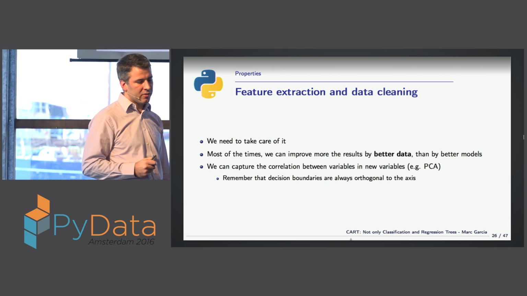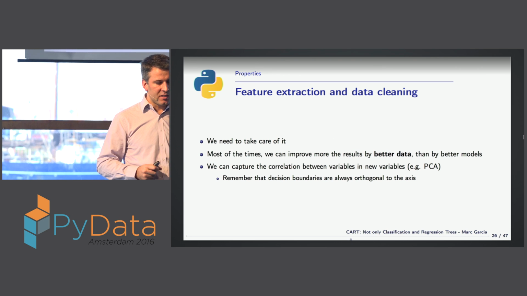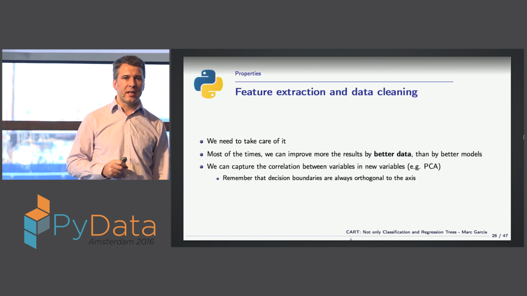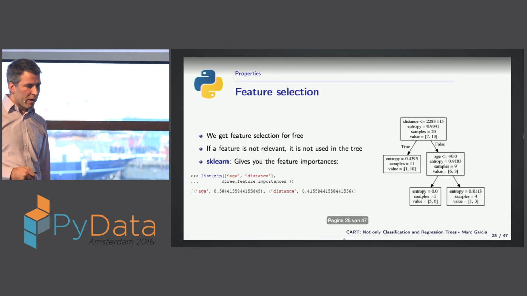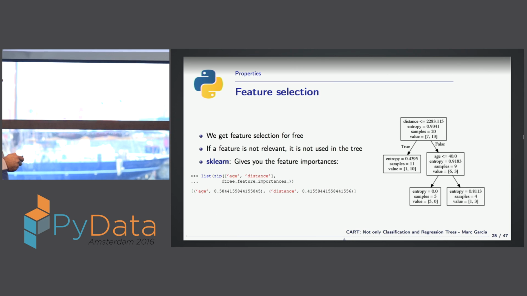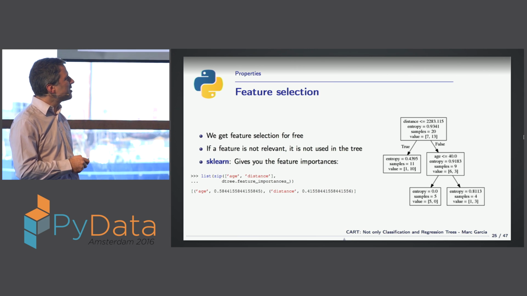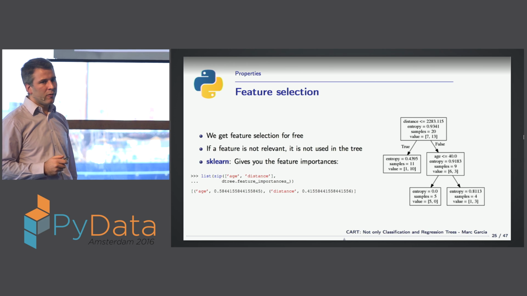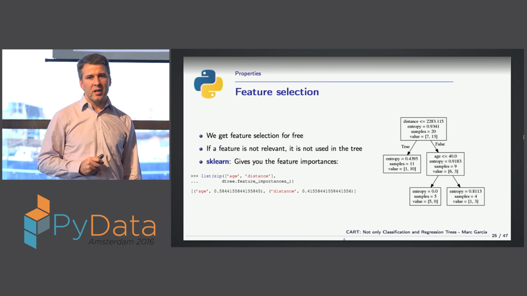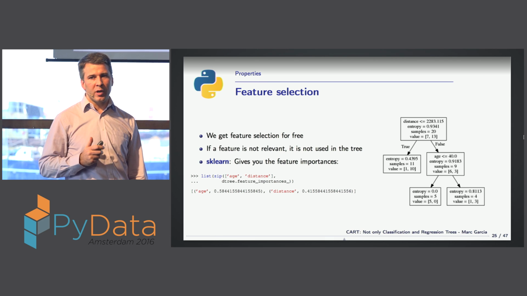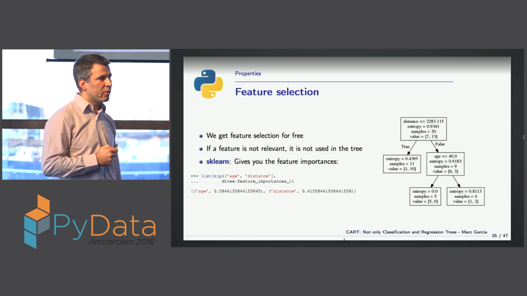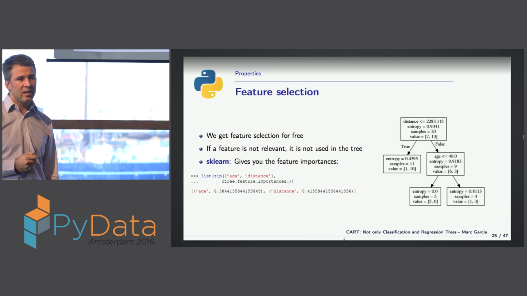Decision trees take care of feature selection and normalization, as we've seen before, but they don't take care of that. In this case, for example, we could see it's taking the distance and the age. I was mentioning before that maybe there is a relation with people coming depending on whether they have a car or not. It's a variable that we could extract. It's maybe not that obvious, not something we get for granted.